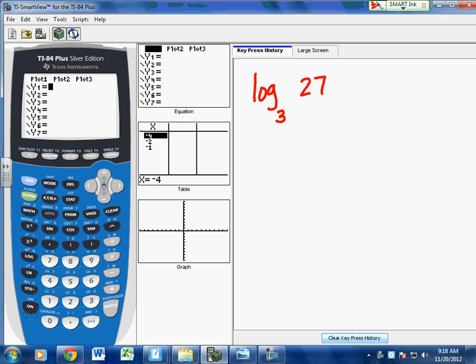It's actually asking you, 3 to some power is 27. What's the answer? 3. The log of 27 base 3 is 3. Why? Because 3 to the third is 27. Okay?